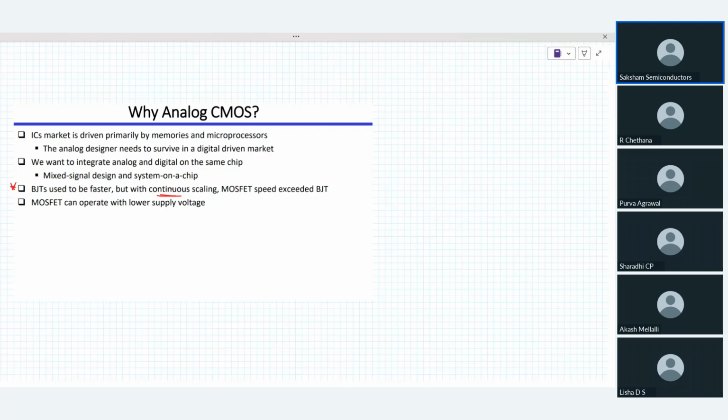Because of that, people started to scale the devices. And when they started, BJTs were not able to support that level of scaling. That is the reason why we went with the MOSFET. But otherwise, BJTs are always superior to the MOSFETs.